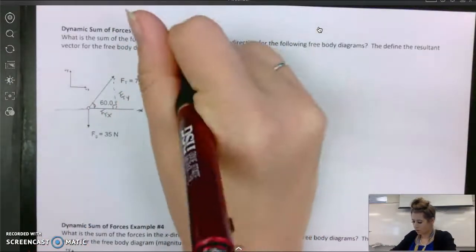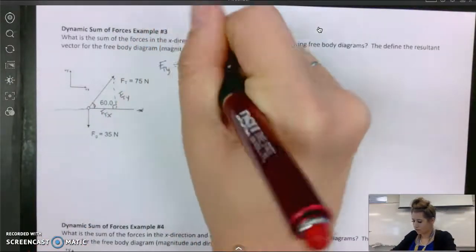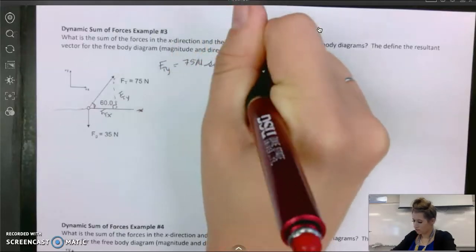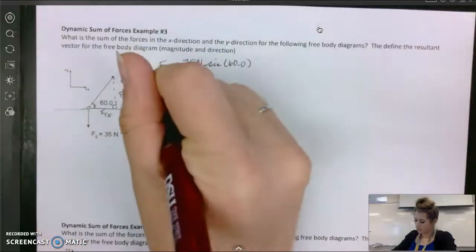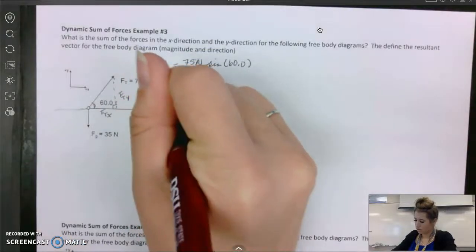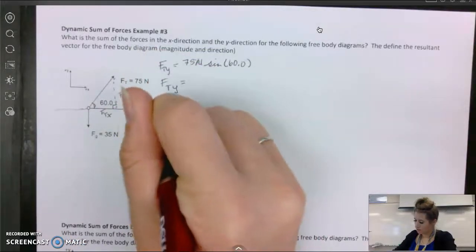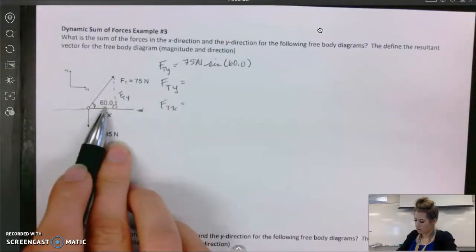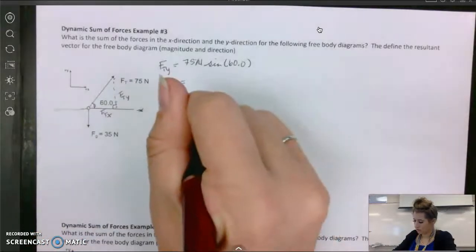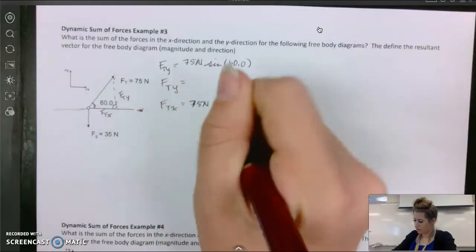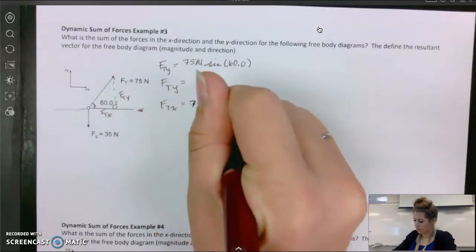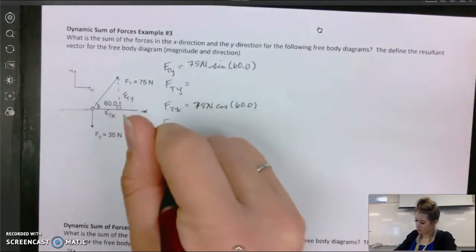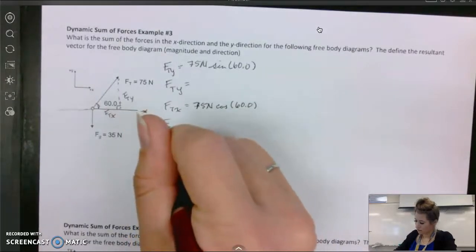So it'll be the hypotenuse, 75 newtons, sine theta, 60 degrees. So that will give us the force due to tension in the y. And then force due to tension in the x. X is adjacent, so it's going to be the hypotenuse, 75, and then it's going to be cosine theta. So force due to tension in the x will give us something.